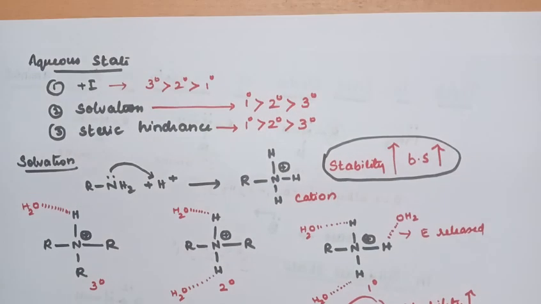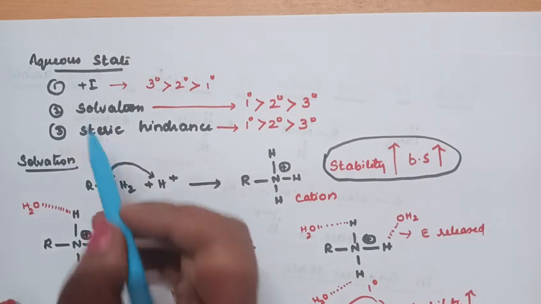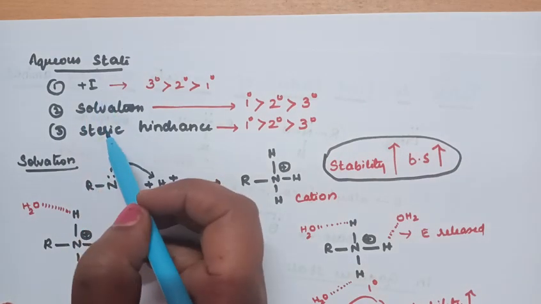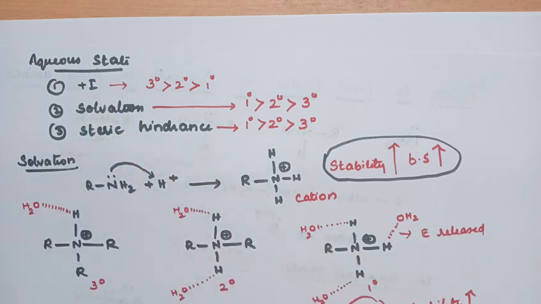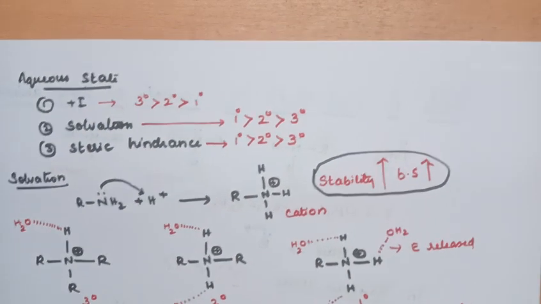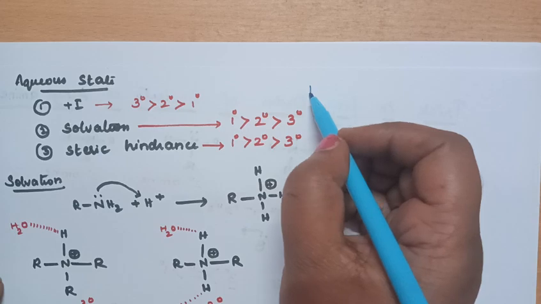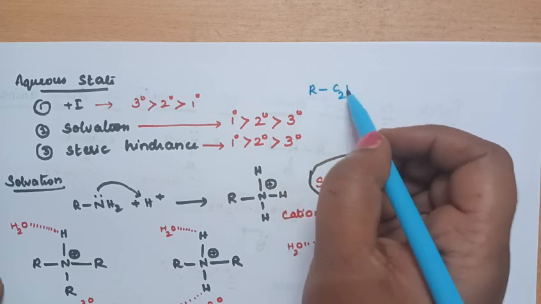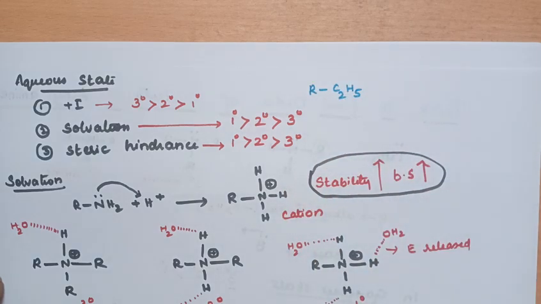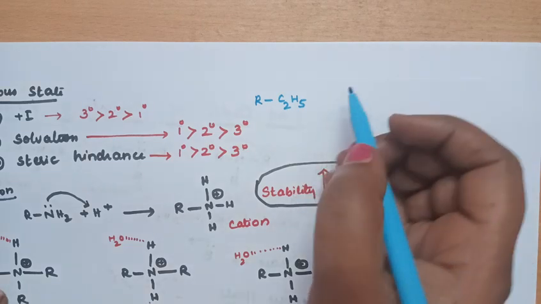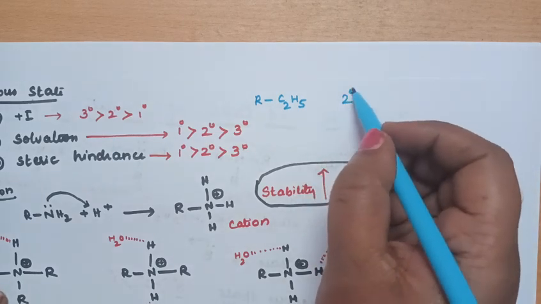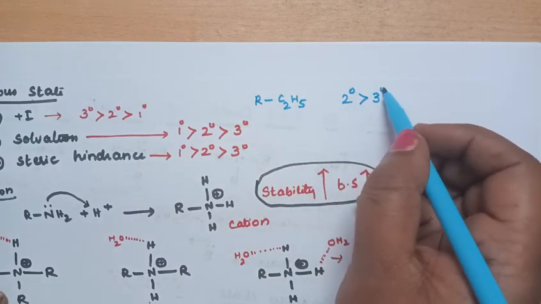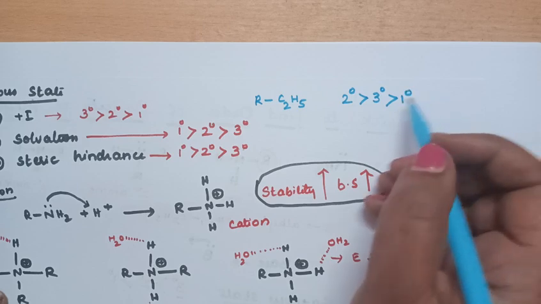Now in the aqueous state, all these three factors will be acting on the amine, because of which experimentally you can see the order. If the R group is C2H5, experimentally it is found that secondary amine is more basic than tertiary amine, more basic than primary amine.